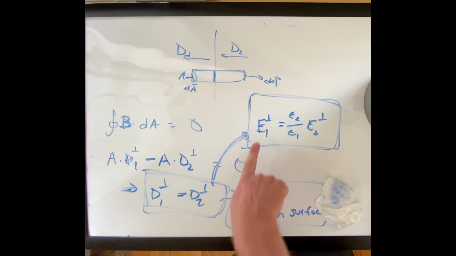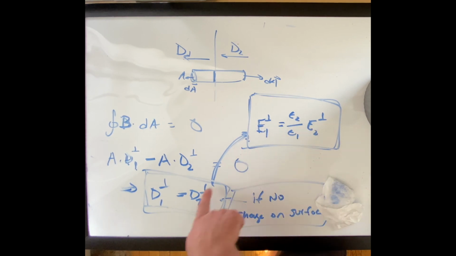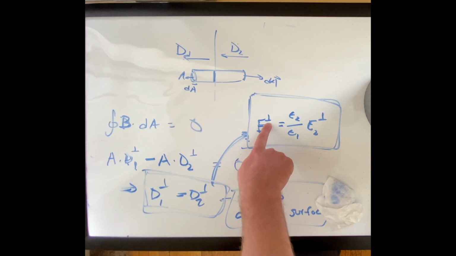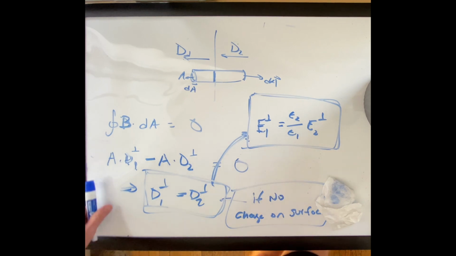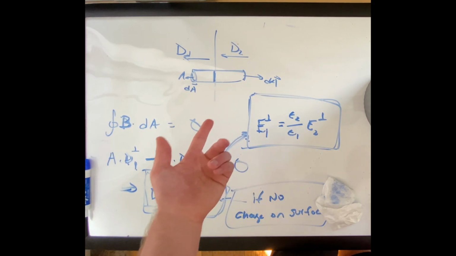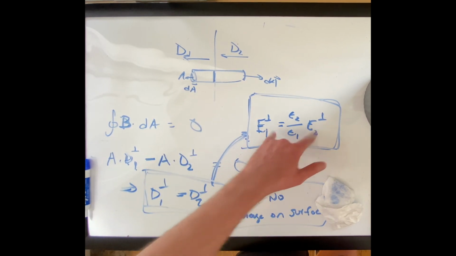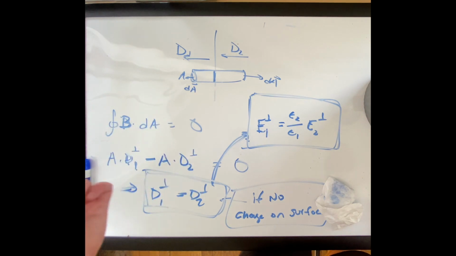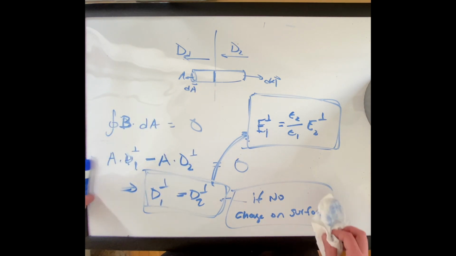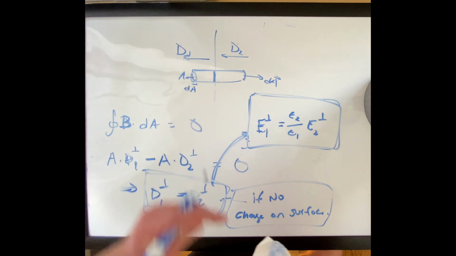We got electric field perpendicular and electric field parallel. Sorry, this is what I would call normal, and the other one I call tangent. You could also call this perpendicular, and you could call tangent parallel. It just means parallel to the surface, right? The surface that goes like this.